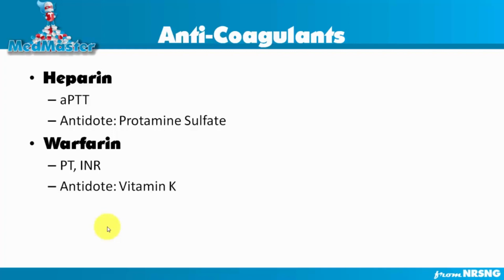With heparin, we're going to be monitoring our aPTT, and our antidote is protamine sulfate. With warfarin, we're going to be monitoring our PT and INR, looking for therapeutic levels depending on the patient's condition. We'll get into that later as well. And our antidote for warfarin is vitamin K. So keep those two anticoagulants in mind, as well as their antidotes.